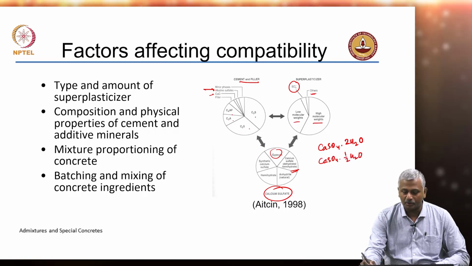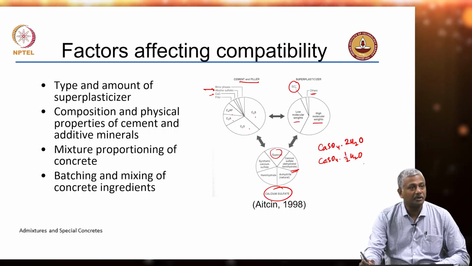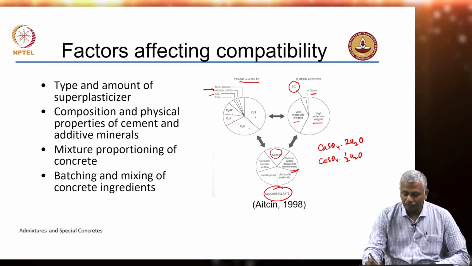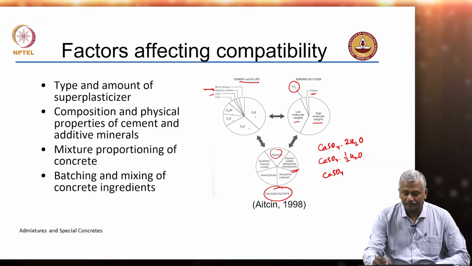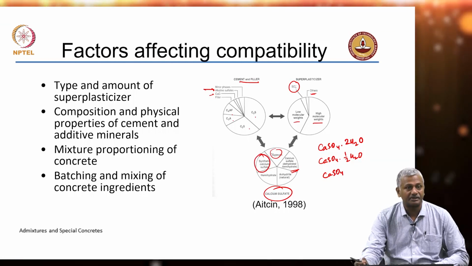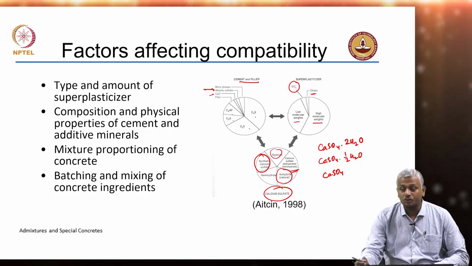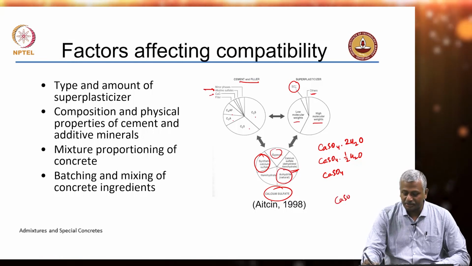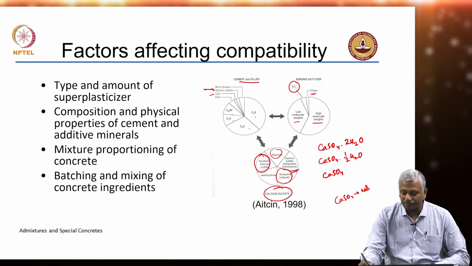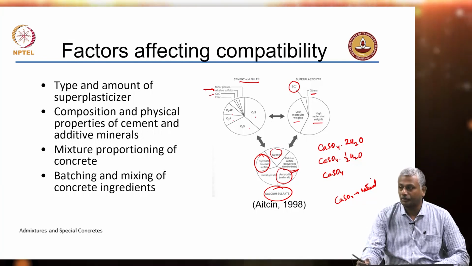What do we otherwise call this as? POP or plaster of Paris, right. If you further dry this, you get anhydrite, okay, synthetic calcium sulfate, that is what you get if you further dry the plaster of Paris. You may also get natural anhydrite, that means calcium sulfate which is naturally found, that is another possibility.